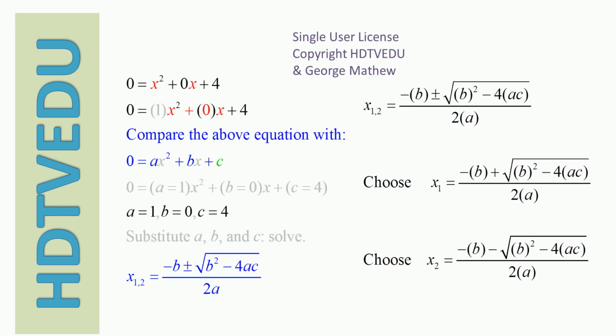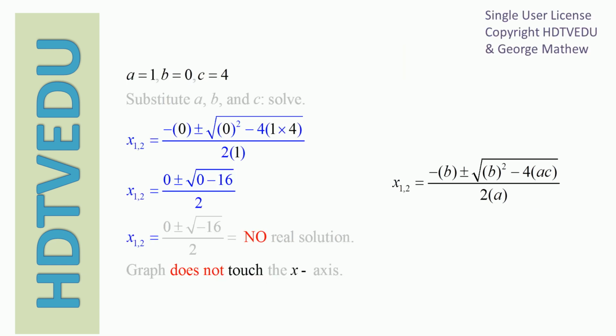Substitute a, b, and c, and when we do that, we get the square root of negative 16. No real solutions. The graph does not touch the x-axis.